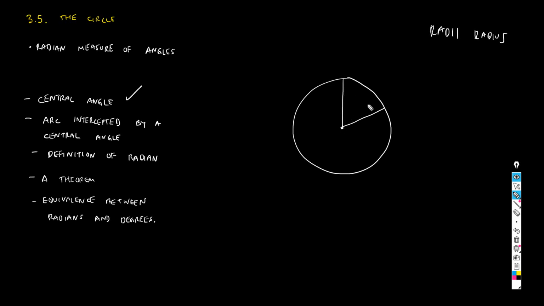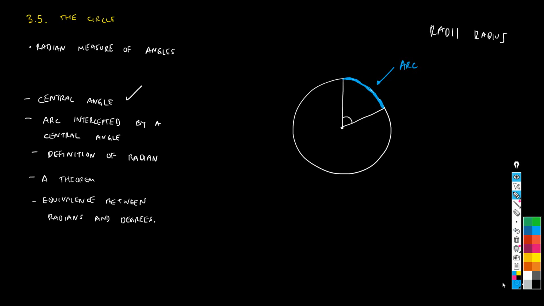You should notice that these two radii that are the sides of your central angle cut a little part of the circumference, which is this blue part. It intercepts a little bit of the circumference of the circle, which I'm highlighting in blue right now. This is what we know as an arc, and in particular, this arc is the one intercepted by this central angle.